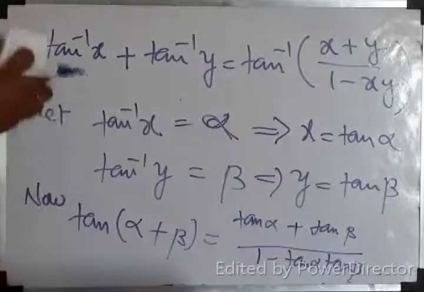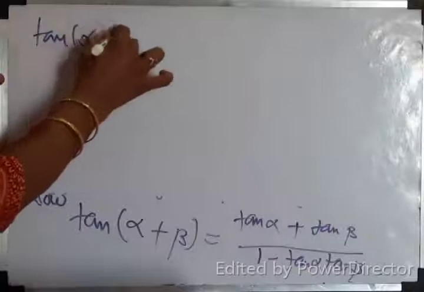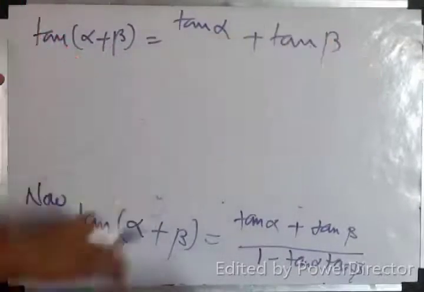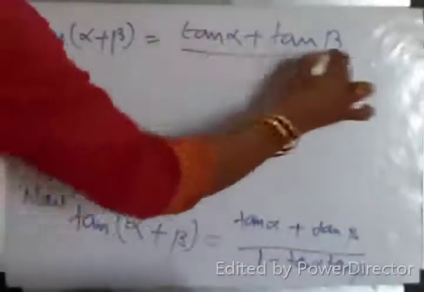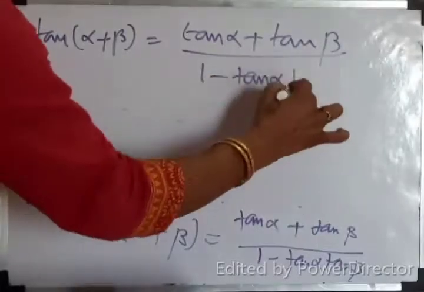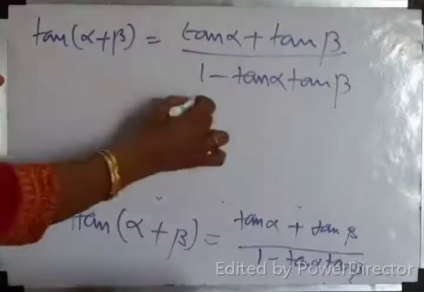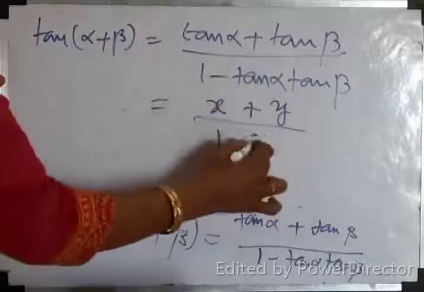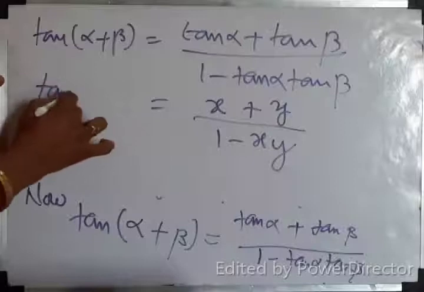Correct? I write once again, children. Tan alpha plus beta equal to tan alpha plus tan beta by 1 minus tan alpha tan beta. What is tan alpha? x. What is tan beta? y. 1 minus xy. This is tan alpha plus beta, isn't it?